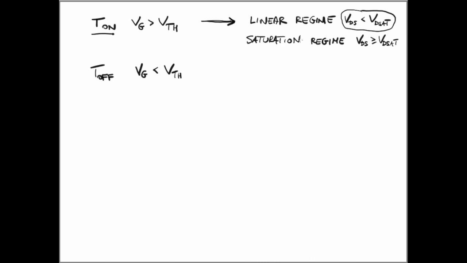We've seen which is the relation that gives the value of VDSAT, or we can be in a saturation regime, that is when VDS is bigger or equal than VDSAT. And on the other hand, the transistor is considered off if VG is smaller than V threshold.